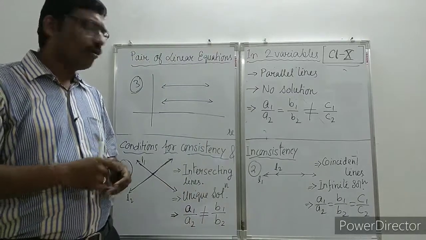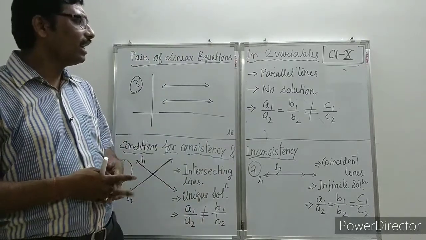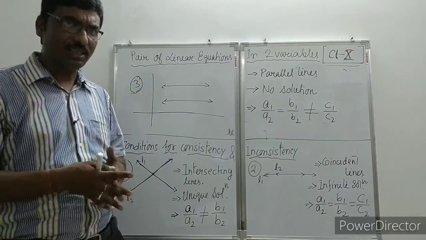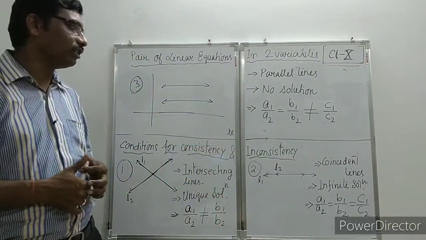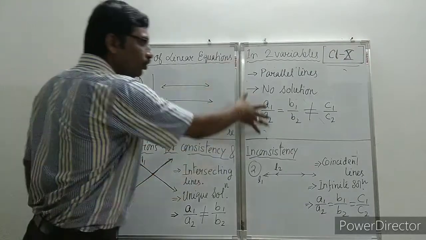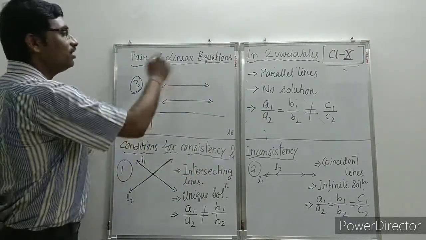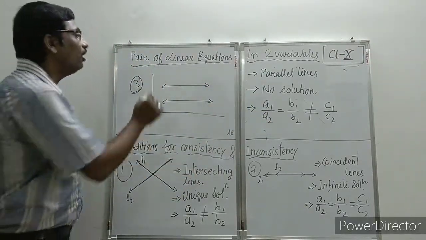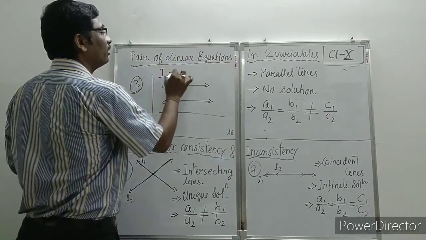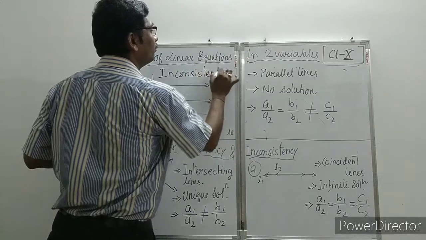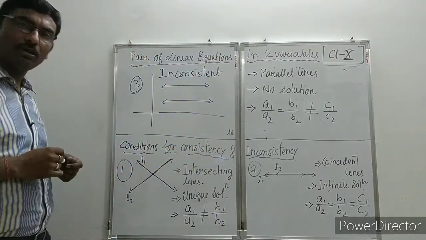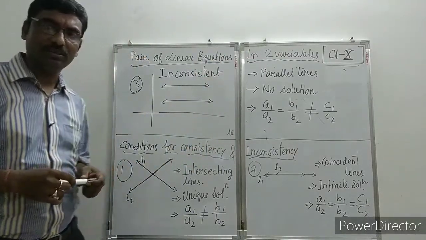So when you have to find whether they are consistent or inconsistent, first of all you have to find their corresponding ratios. Now when there is no solution, then this system of equations is called inconsistent equations.